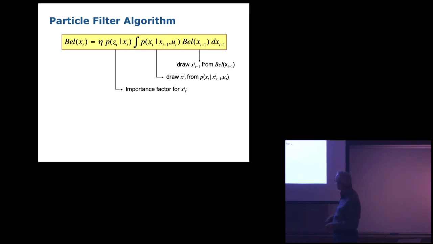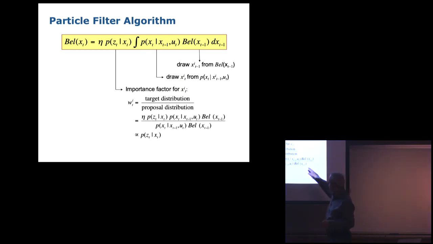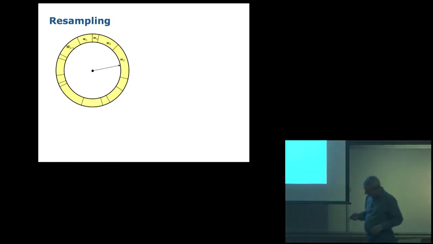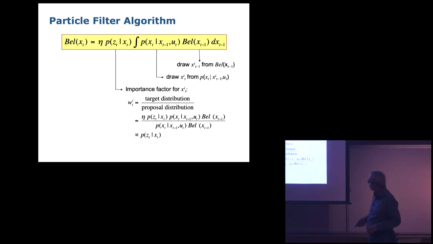Then we calculate the importance factor, which, if you do the math exactly, turns out to be just the observation likelihood of your measurement z_t given the state of the particle, and that gives you the new belief.